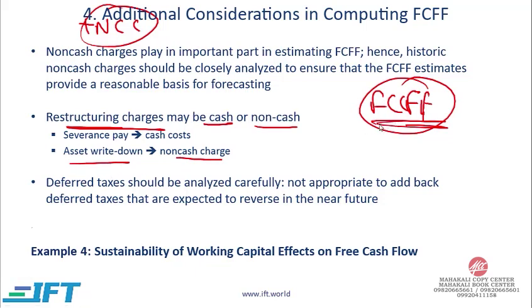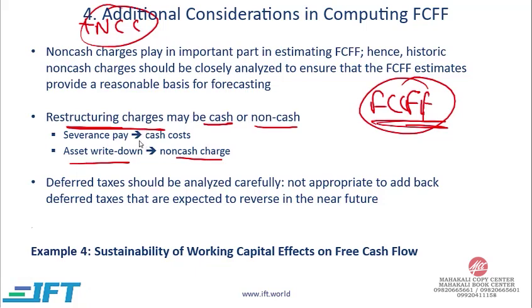Probably not, because this is not something that will keep happening in the future. So there is no fundamental right or wrong answer over here. The key point is you need to understand the nature of the non-cash charges and you need to figure out whether these will be sustainable or not.